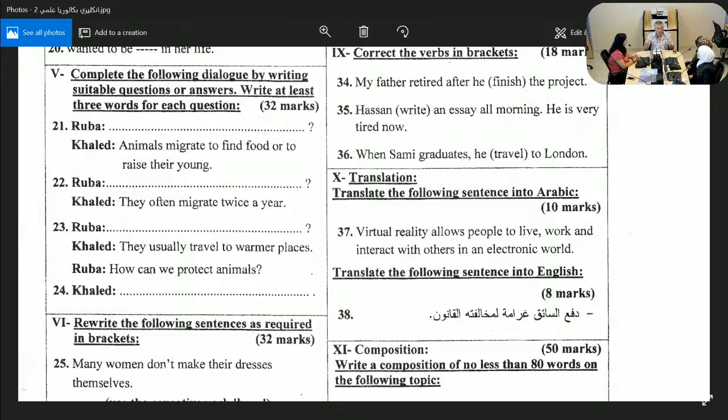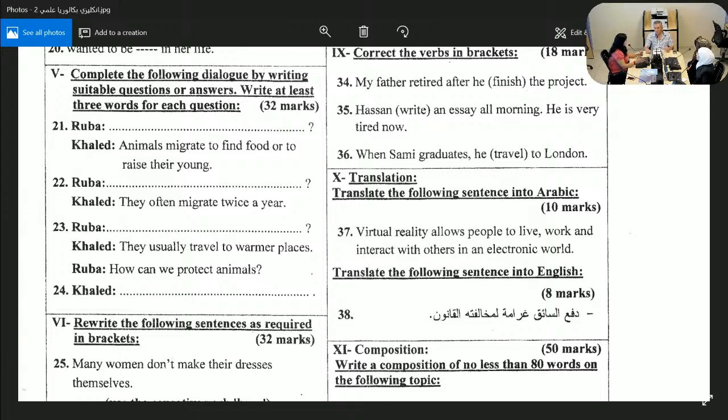If you don't write because you don't know how to write a full sentence, but you know the meaning of some words, you will lose the marks. Write the words you know the meaning of and you are going to receive marks. In the correcting, every part is going to be judged separately. Even if you don't know the whole sentence, write what you know, and you will get marks.